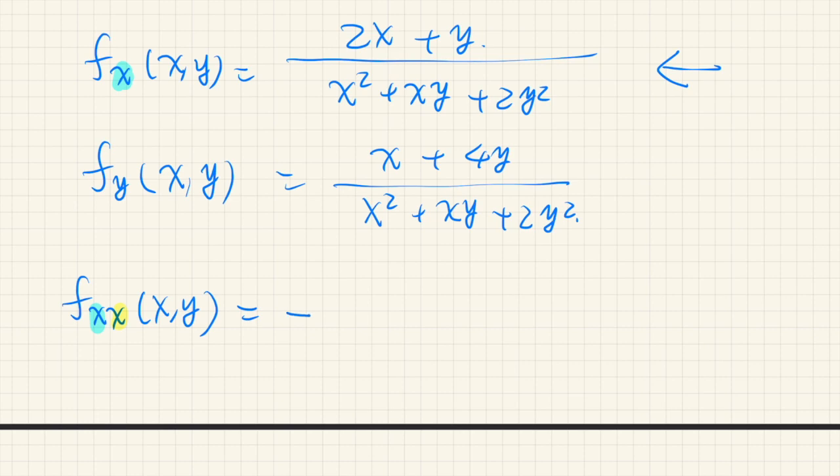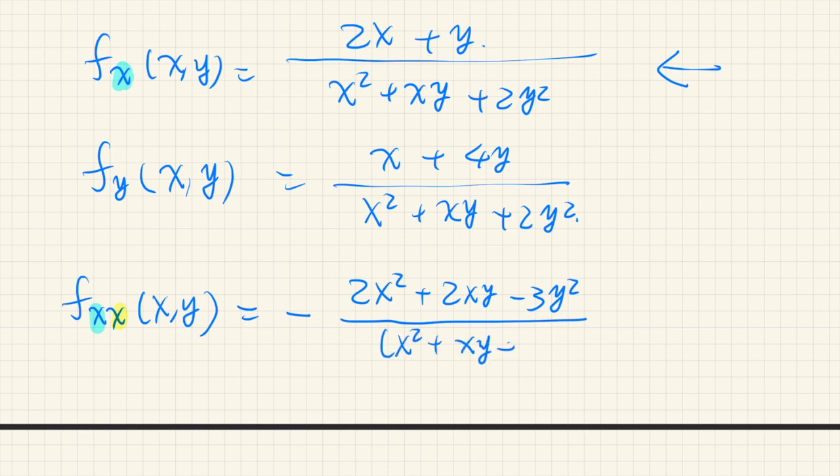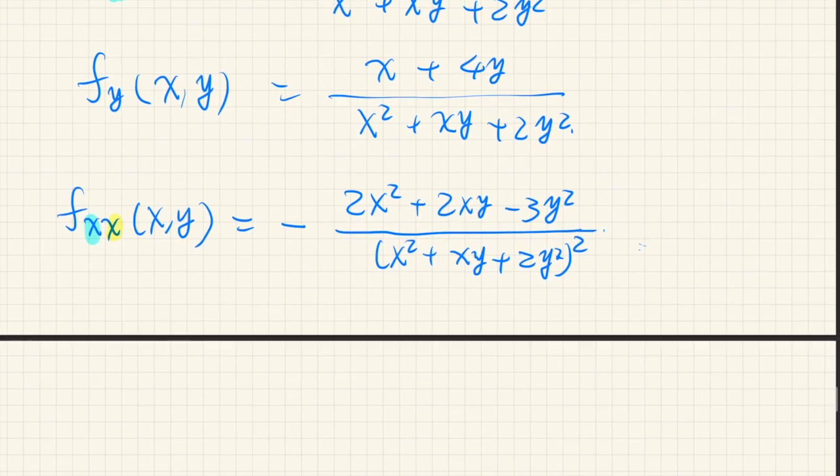It should be, let's see, minus 2x squared minus 2xy minus 3y squared over x squared plus xy plus 2y squared, squared. You should check that, indeed, this is the answer.